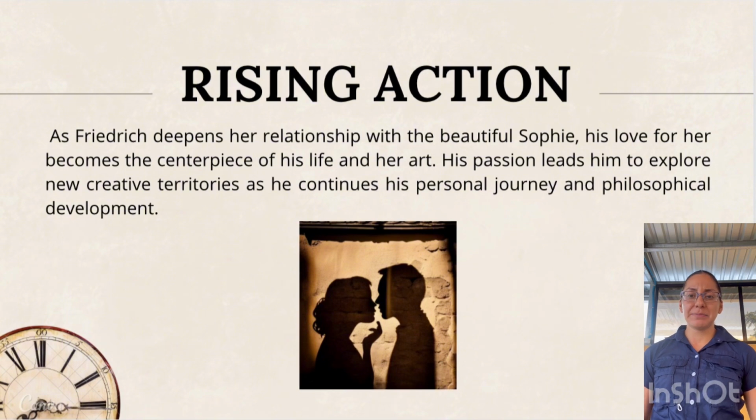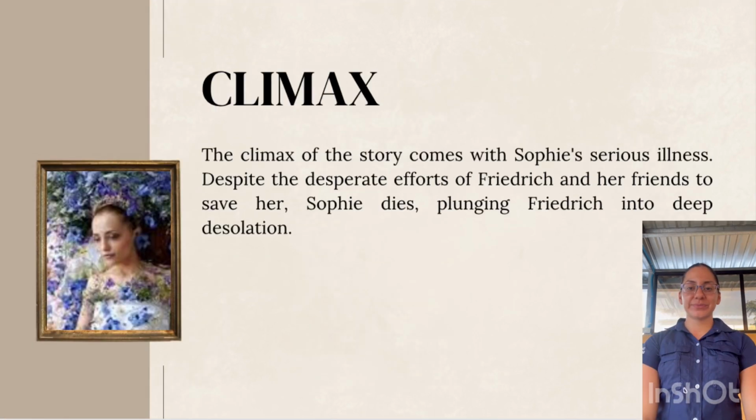The growing love between them leads Friedrich to delve deeper into his art, finding in Sophie an irresistible source of inspiration. This stage marks the ascending action of the novel, reflecting the emotional and creative rise of the protagonist as he faces challenges that will lead him towards self-realization.